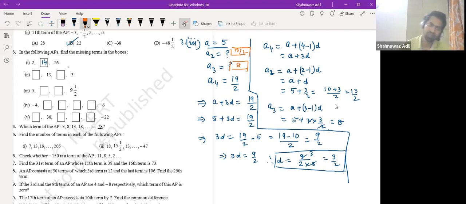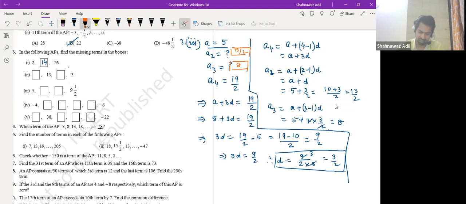Now next question, you will do all the calculation, right? So you have real numbers, polynomials, pair of linear equations, quadratic, coordinate, statistics, and probability. Good. So we are doing AP.